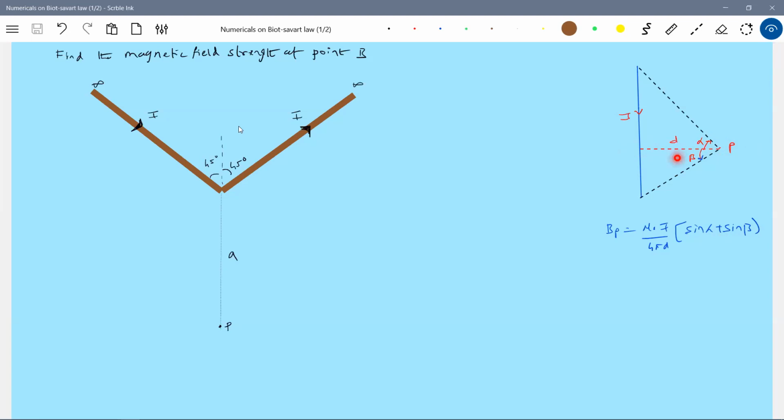Now, the same formula has to be applied here. We have to calculate the field strength at this point. If this A is not the perpendicular distance, then bring the perpendicular distance.